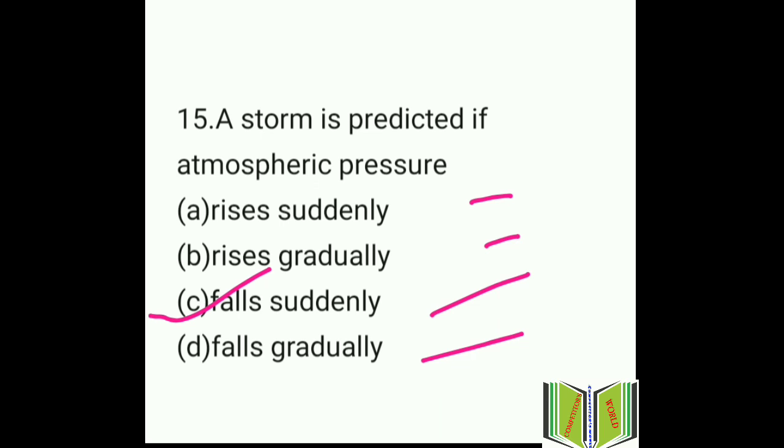Okay, so whenever the pressure at a particular place falls suddenly, wind from the surroundings tries to cover that place. As all of you know, wind blows from high pressure to lower pressure. So for that reason it may cause a storm. Clear? So this was the last question of today's session.